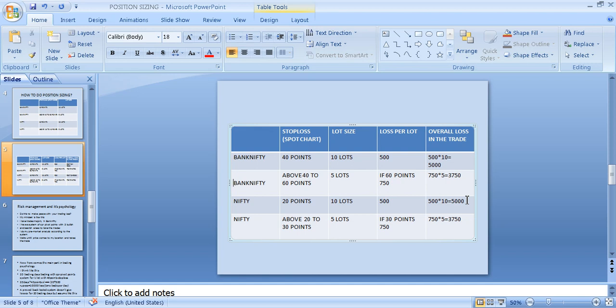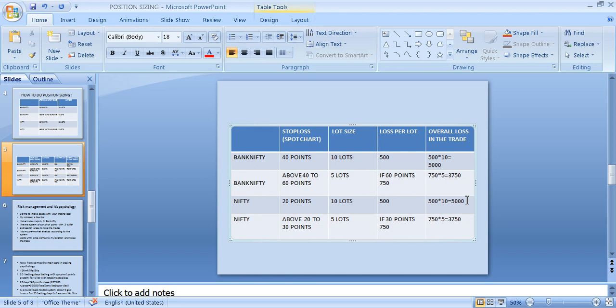Once you are in profits, make sure that you get at least 1:2 risk reward, nothing less than that. If you take 1.5 near to 2, the winning rate will be down at the end of the month. So you have to take at least 2 or 2.5 or 3 according to the market situation.